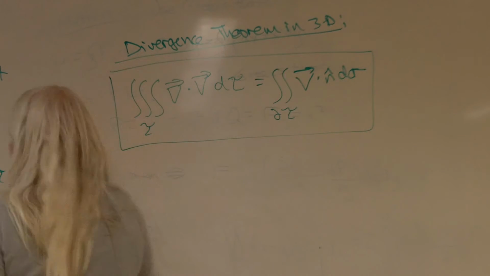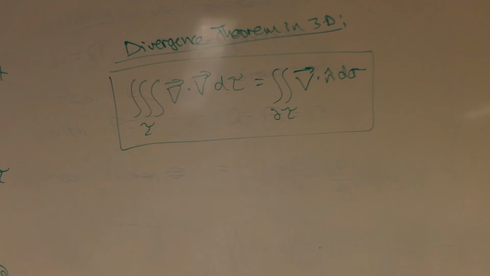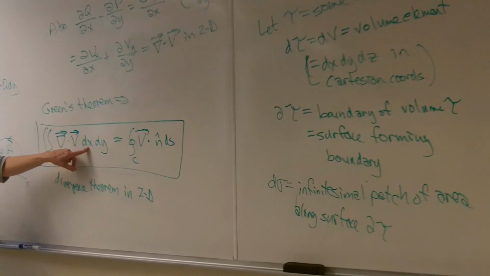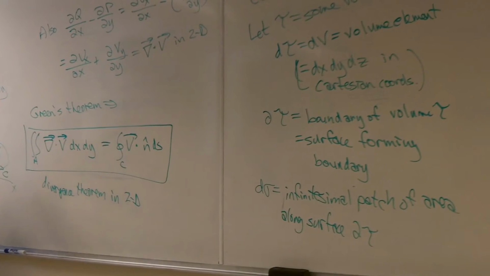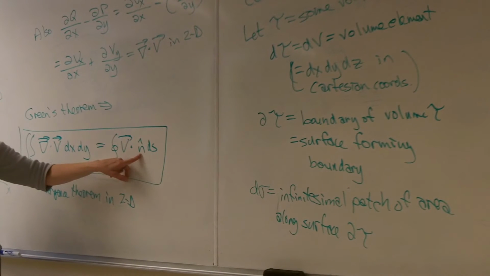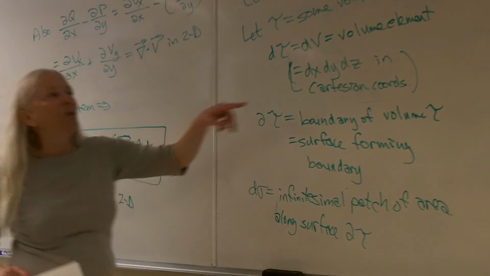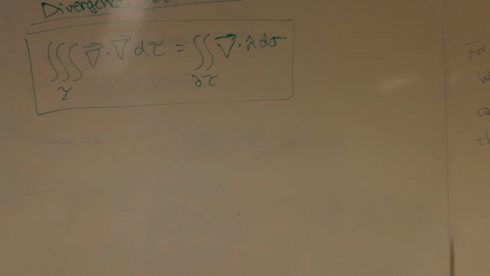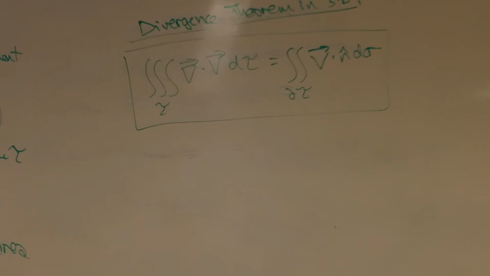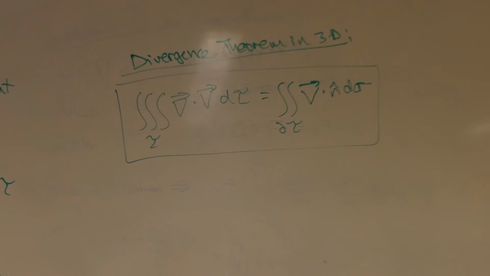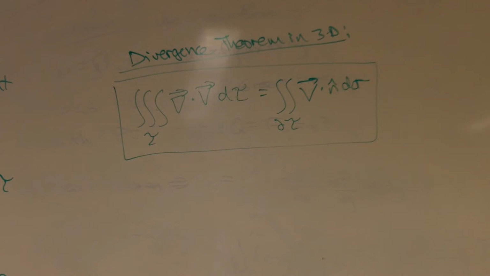So when we extend the divergence theorem from two to three dimensions, our area integral on the left-hand side now becomes a volume integral. Our line integral, an integral around a curve on the right-hand side, now becomes an area integral. So that's why I put two integral signs on it. Again, I didn't prove to you that you can extend it to three dimensions, but hopefully it sounds plausible that you can.